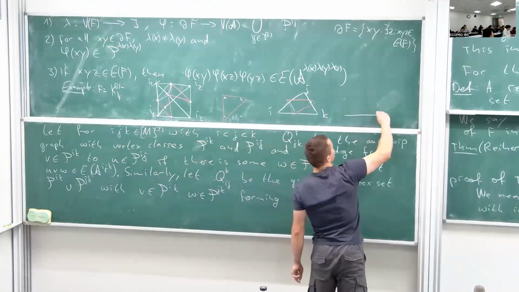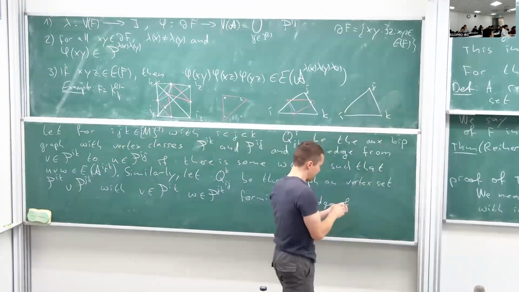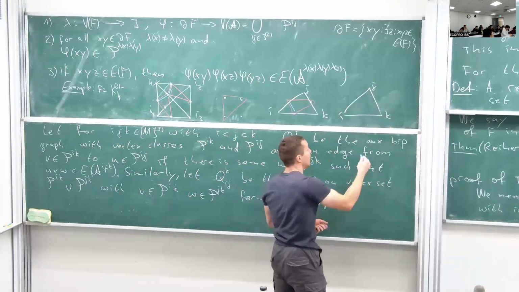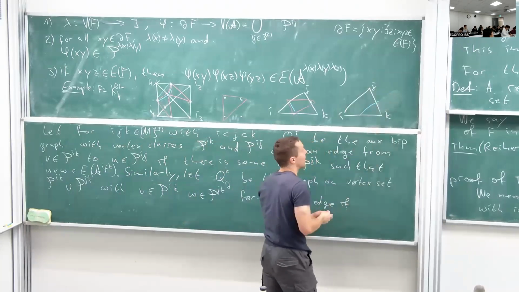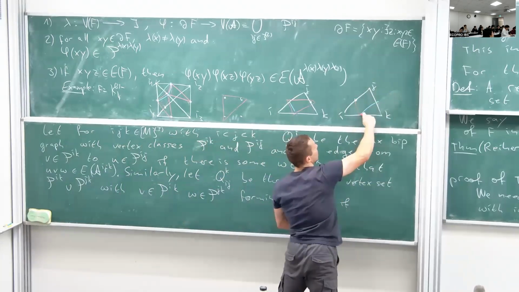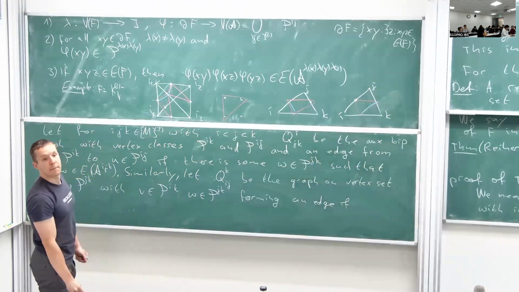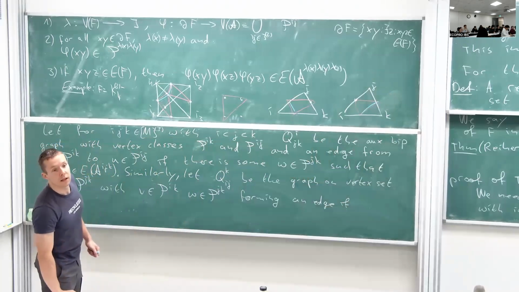So to define this one, we just draw this again. Place an edge here whenever there exists a vertex here, such that this forms an edge. This is again just a shadow. Sorry? This is again just a shadow. You can just define it through the shadow.